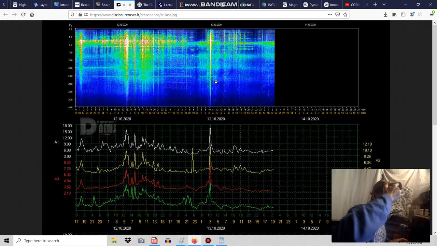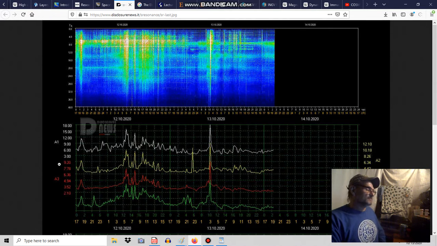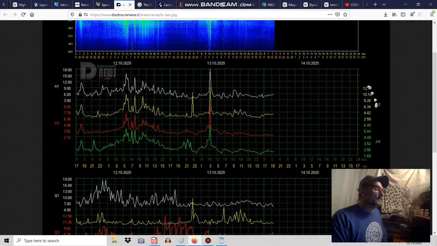Sorry, my screen dimmed because the power needed to be plugged in. You see the heights are different scales. This A2 is the yellow line here. A1 is this white line here. The height of amplitude 1 is at 18.